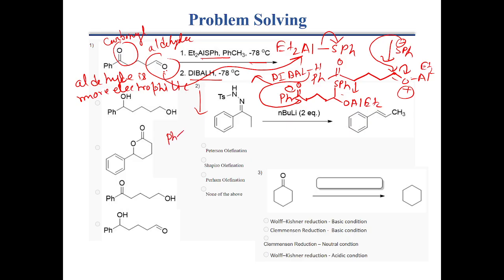Now what happens? So aluminum H2 will form after DIBAL-H reduction. This aluminum, after workup, will give this product.